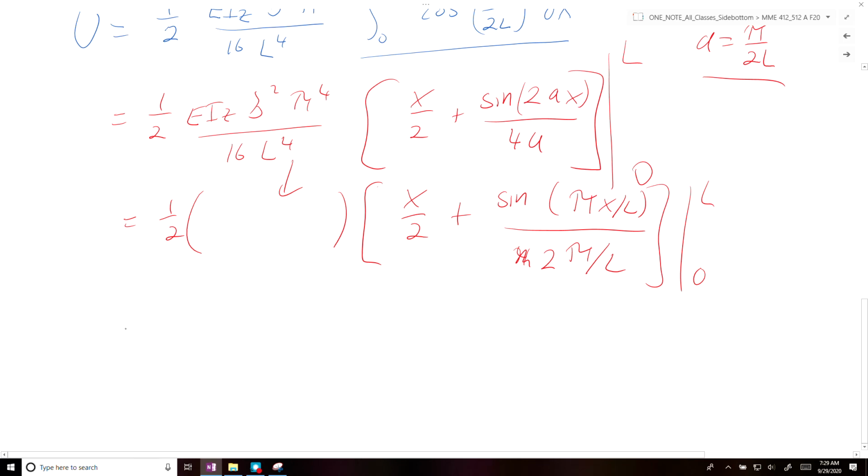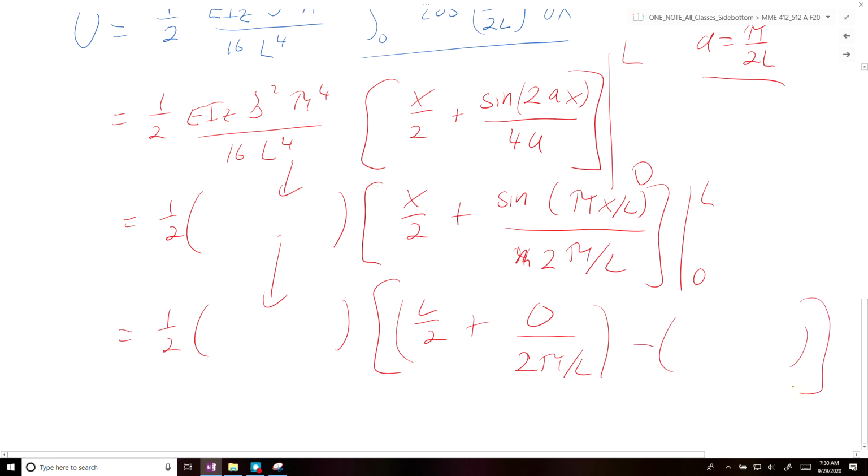Alright, so if we plug that all in, we'll get 1/2 times our big coefficient here times x over 2, which will just be L over 2, plus the sine of pi, which is just equal to 0 over 2 pi L. And then for when x is equal to 0, the sine of 0 is 0, and x over 2 is also 0.